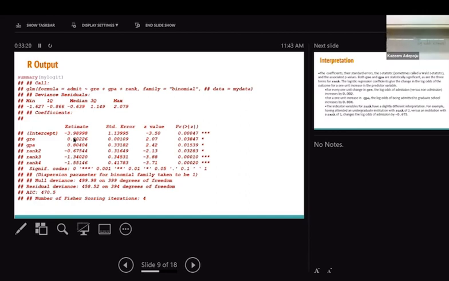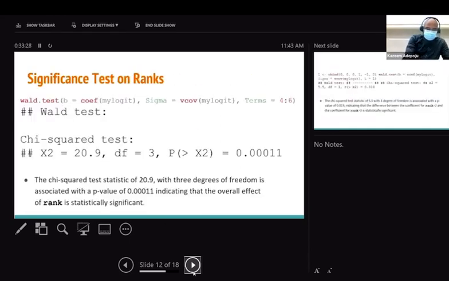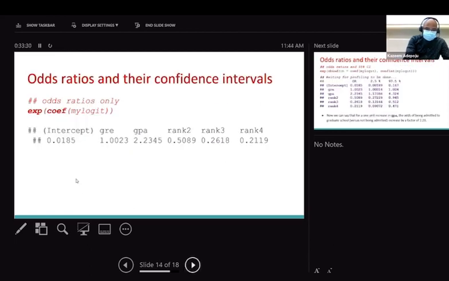Then how do I actually get odds from log odds in R? What I'm going to do is to exponentiate. The way to exponentiate is this code, and it's going to return this. What I have now is no longer called log odds, but it is called odds ratio.